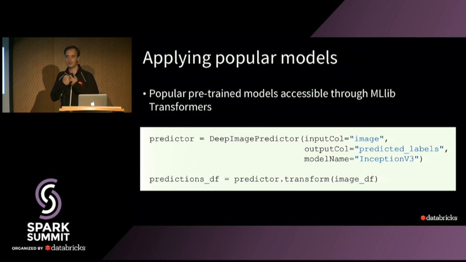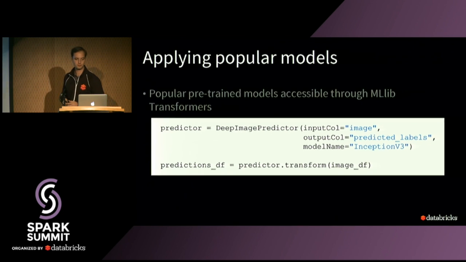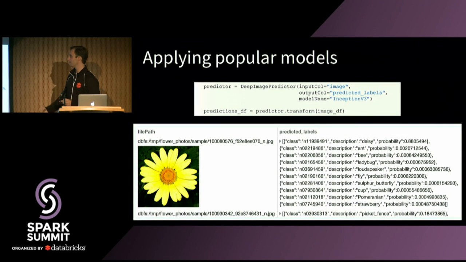Essentially, it's going to tell you what the image contains. You can then call this transform function that will apply this deep learning model and output the set of categories. For example, if you apply it on some flowers, it is going to give you a number of classes along with probabilities. Here it would recognize correctly that this is the image of a daisy.